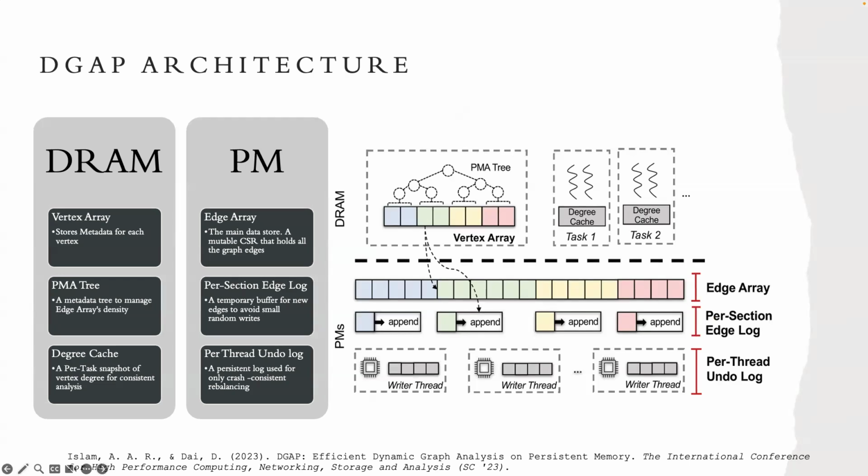So we are appending the data into the logs, and then when the logs are getting full, we are merging everything into the edge array. So we have the in-place write, but since it's not a small write, it doesn't impact us that much.